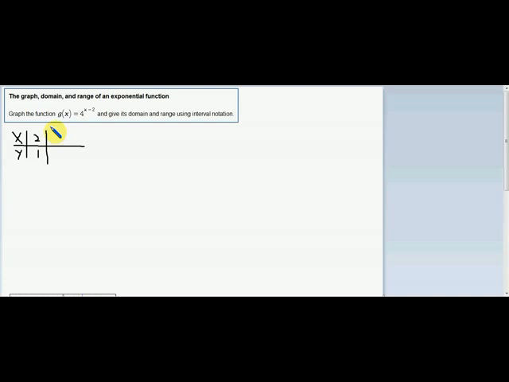Let me pick another one. Let's say x is equal to 3. I picked 3 on purpose because 3 minus 2 gives me 1, and 4 to the power of 1 is just 4. So when you have other equations, you need to choose the values for x.